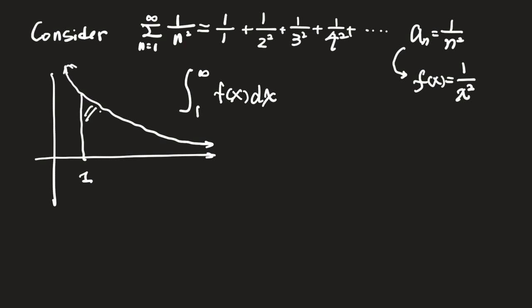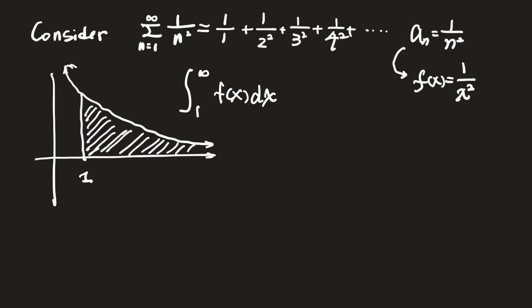The meaning is the area below the curve, from 1 to infinity. How is this improper integral related to the infinite series? Let's think about this one.